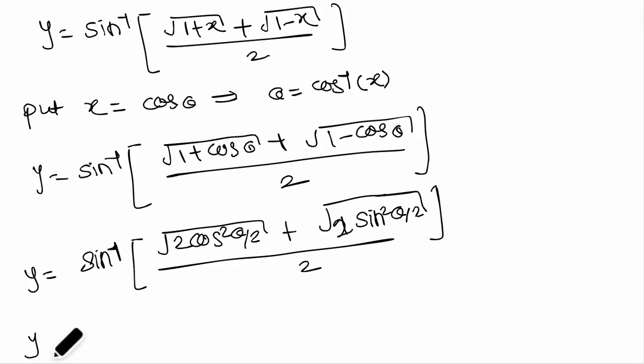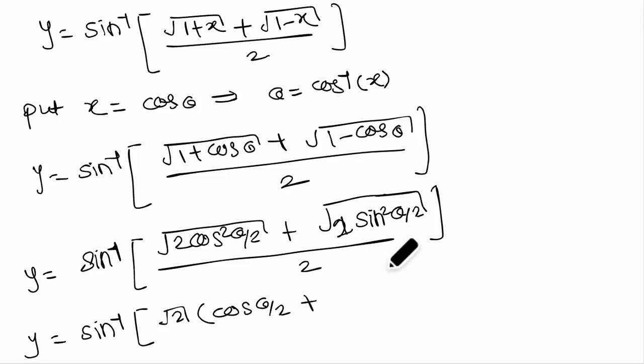So it can be written as y equal to sine inverse of, if we take the root common, cos square theta by 2, square root will be cos theta by 2, plus sin square theta by 2, square root will be sin theta by 2, bracket close, whole divided by 2.